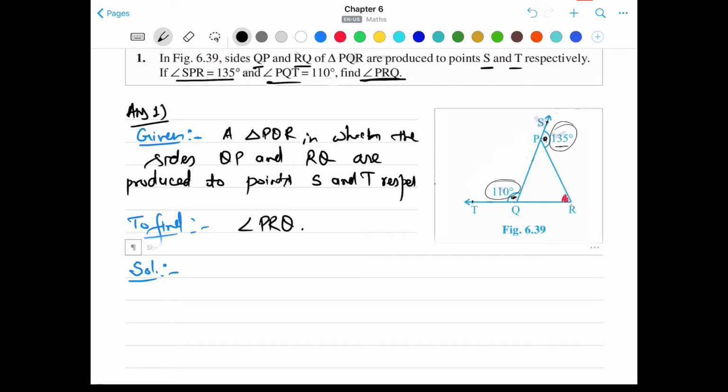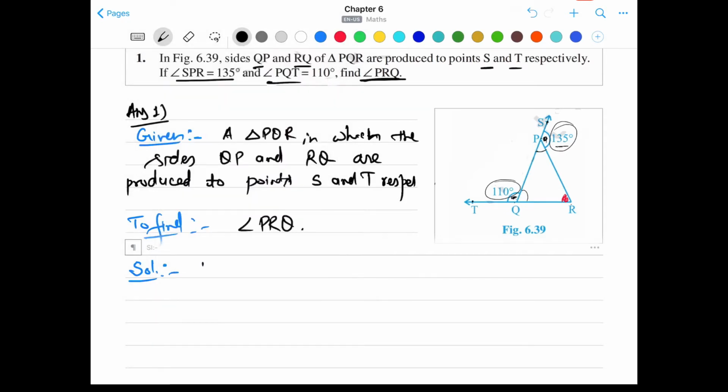Okay, so we can solve this question in two ways. First is by applying the exterior angle theorem or the angle sum property. For that we need to find these two angles. So let's write this answer.